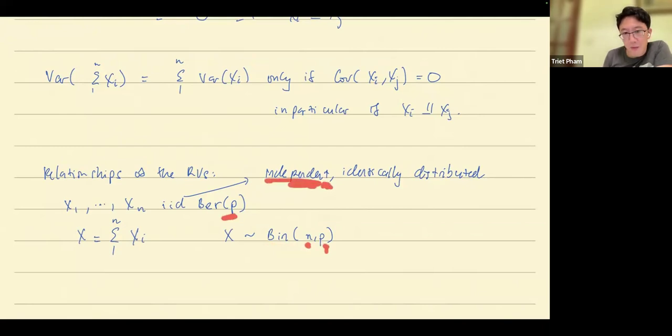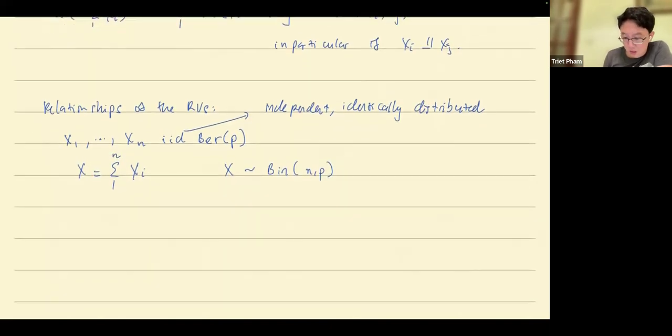Each of them has success probability P. So if you look at each individual trial and sum the total number of successes, of course you get the number of successes. That's just an argument by understanding the model. We're gonna show you another way to do so via the moment generating function, which is yet another very important concept here. But right now, this is just the way we understand the model of the random variable.